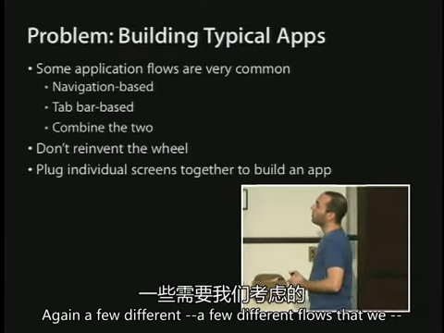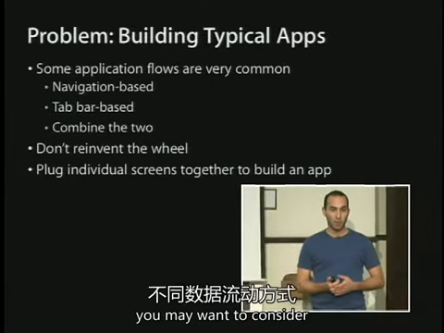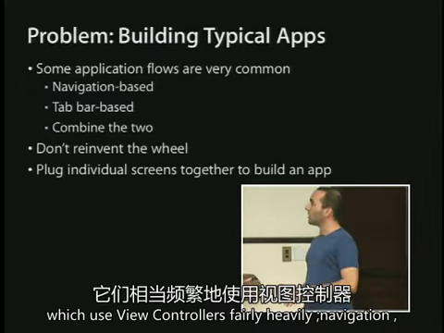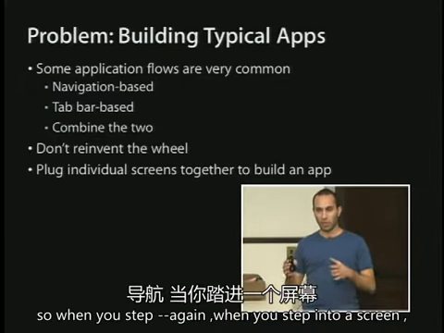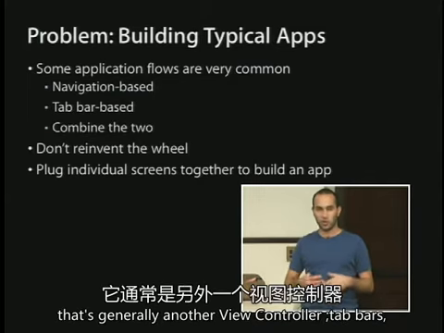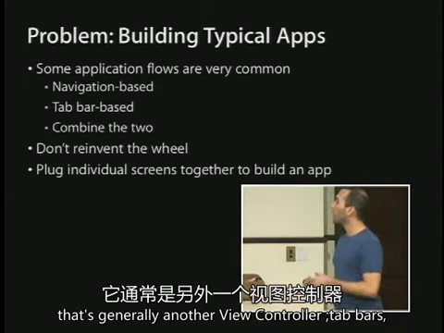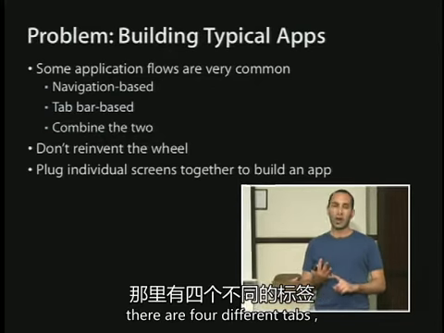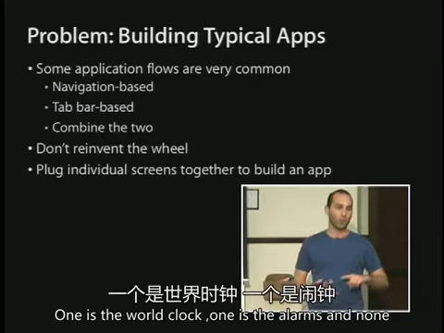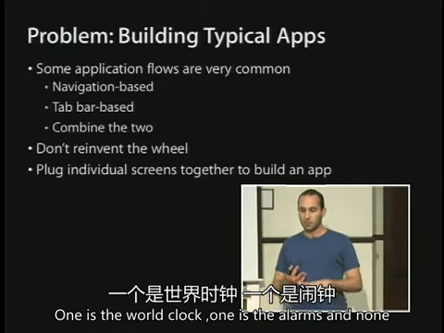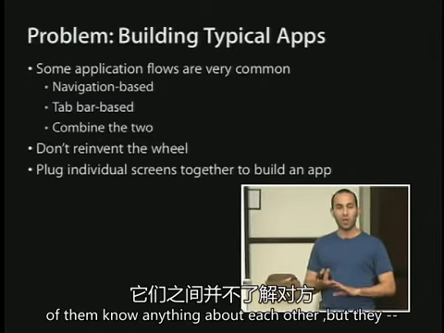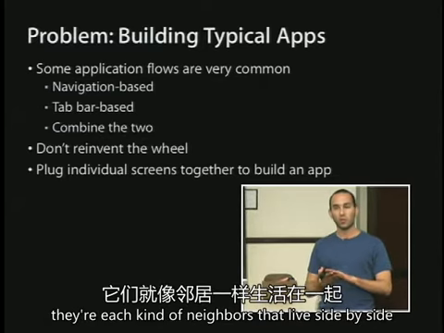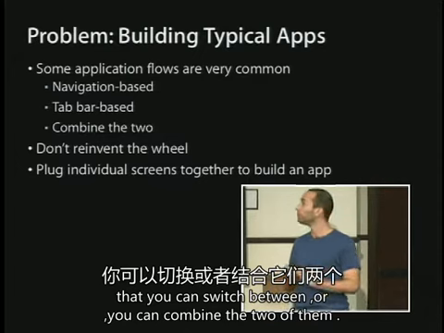Again, there are a few different flows that you may want to consider, which use view controllers fairly heavily. Navigation, so when you step into a screenful, that's generally another view controller. Tab bars, so if you think about the clock, there are 4 different tabs, so there are 4 different view controllers. One is the world clock, one is the alarms, and none of them know anything about each other, but they're each kind of neighbors that live side by side that you can switch between.